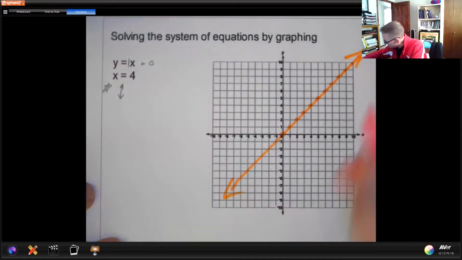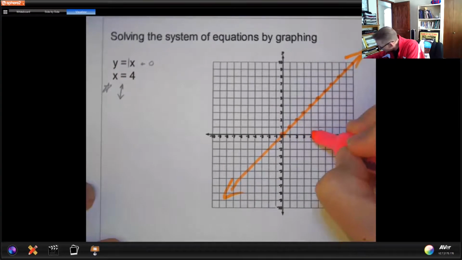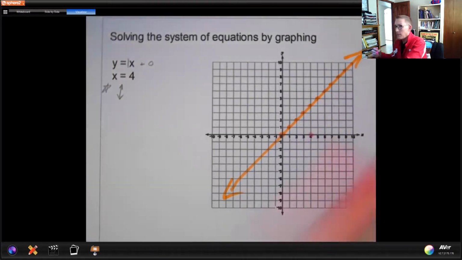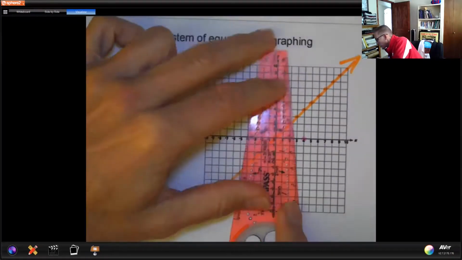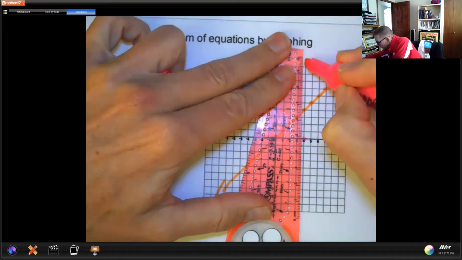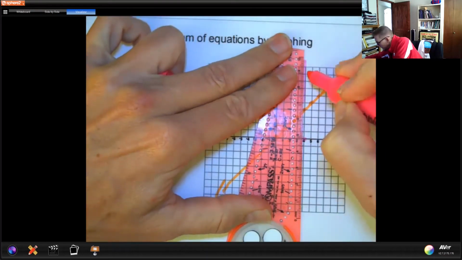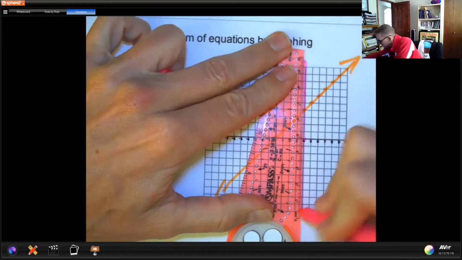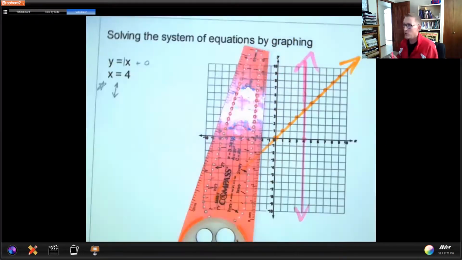X equals 4 means on the x-axis, I'm going to go to 4. And I'm going to draw a vertical line right there through that 4. Missed it there a little bit. So there's your vertical line.